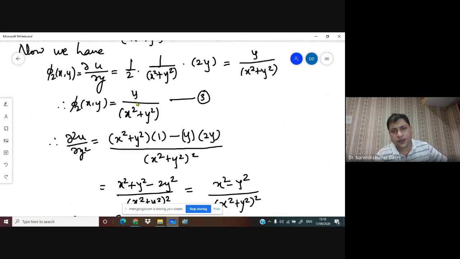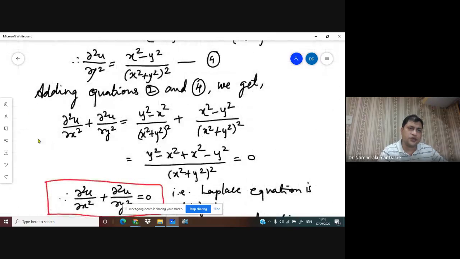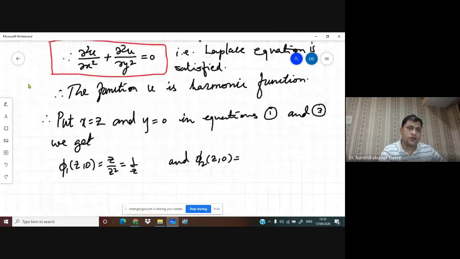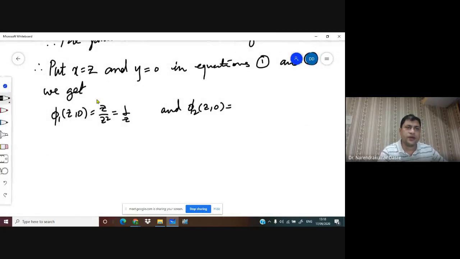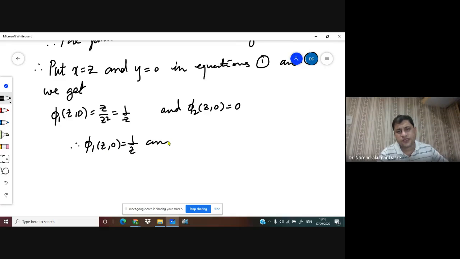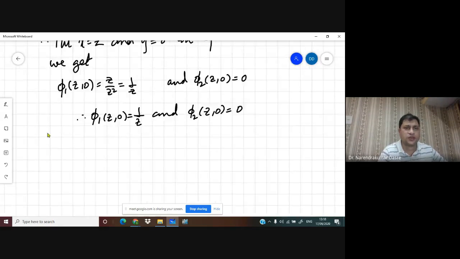Y is going to be 0 here, and hence the entire term will be 0 because the numerator is going to be 0. So what we got is φ1(z, 0) is equal to 1 by z, and φ2(z, 0) is equal to 0. So the third step of the Milne-Thompson method is completed.